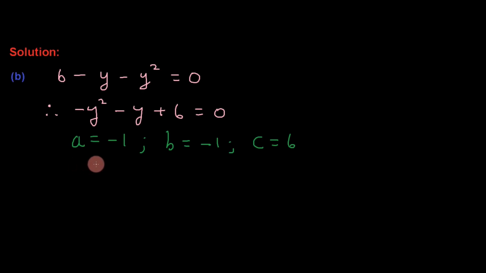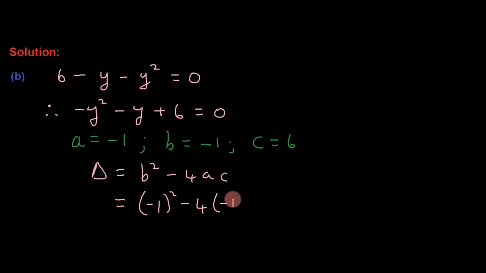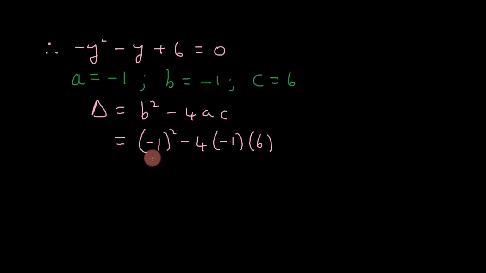Now we can find delta. So substituting these values into the equation for delta, and on a calculator, this comes to 25. So we can see that delta is greater than 0 and a perfect square.